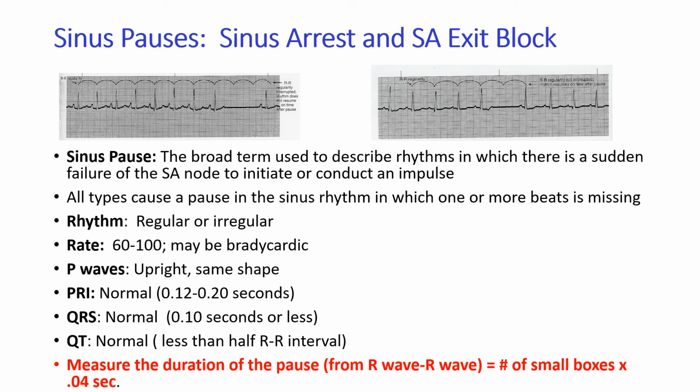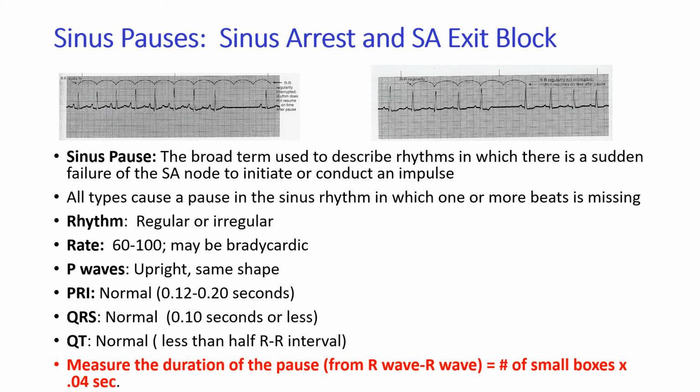Now, a sinus pause. With the sinus pause, there's two types that we'll be discussing, a sinus arrest and a sinus exit block. These terms are due to a sudden failure of the SA node to initiate an impulse. So the biggest thing that we want you to focus on is measuring that pause.